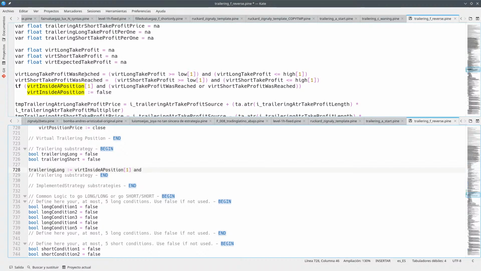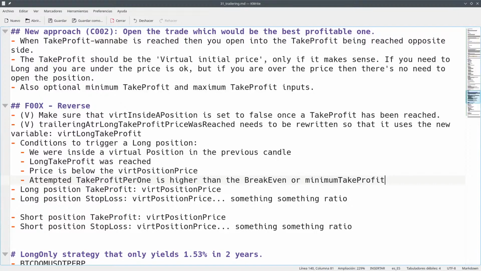So this thing here, look at that. Okay, what more do we have here? Price is below, so attempted take profit is higher than break even.